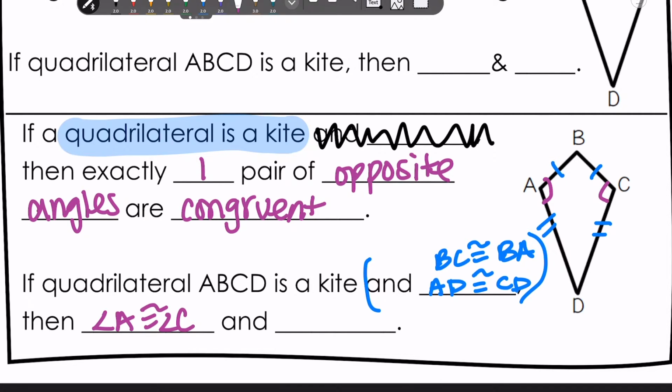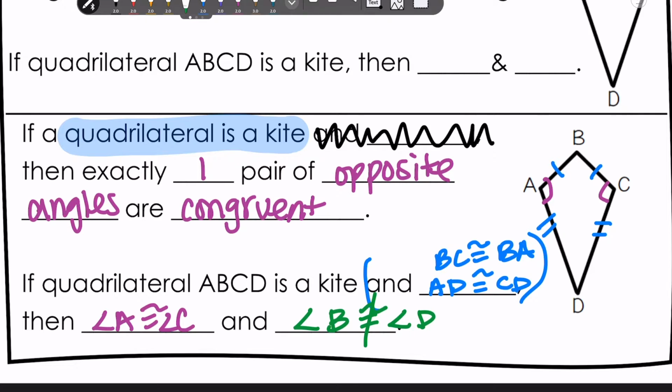However, angle B will not be congruent to angle D. You do need to have one set of opposite angles that are non-congruent. It's only one pair of opposite angles that are congruent.